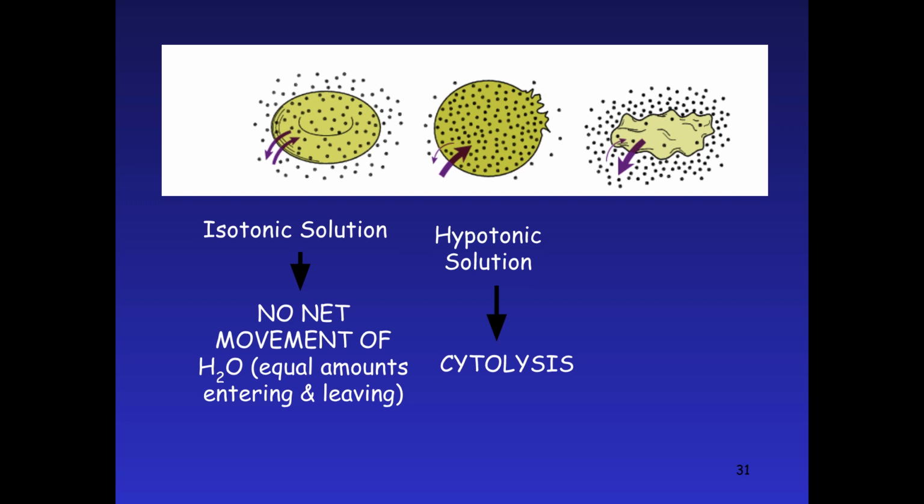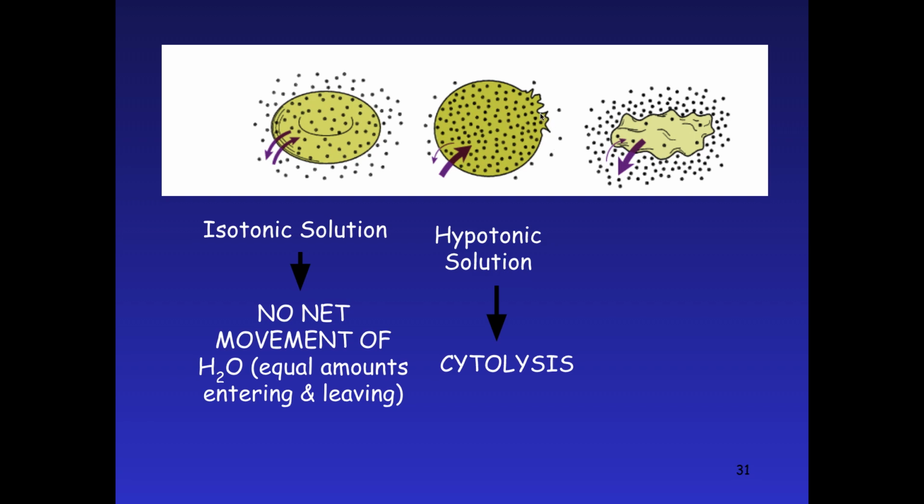Because there's so much water that's coming in. We got to think that there's now a lot of pressure. We call that special pressure inside the cell due to water in the cytoplasm turgor pressure. And it pushes against the membrane so much that it can break, right?